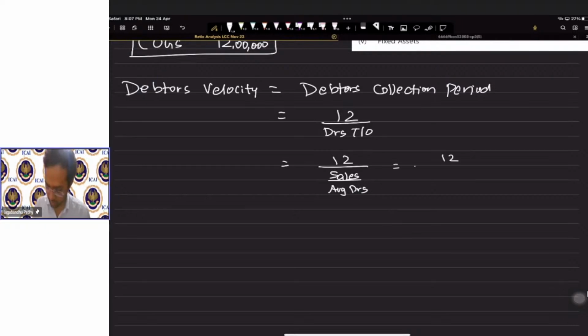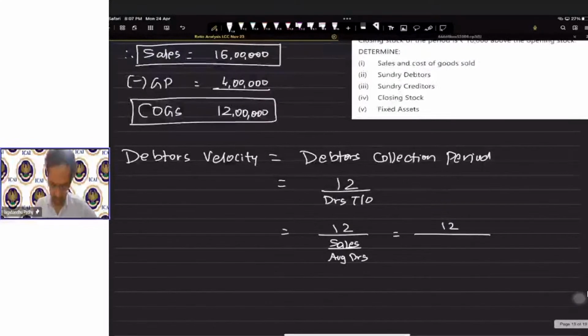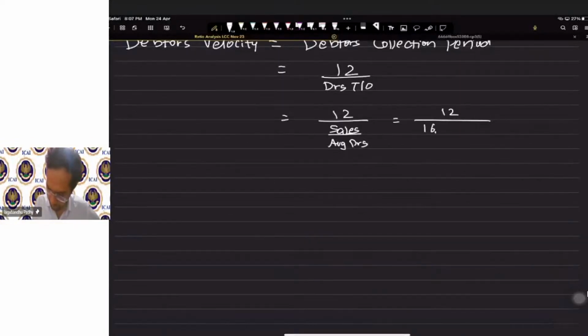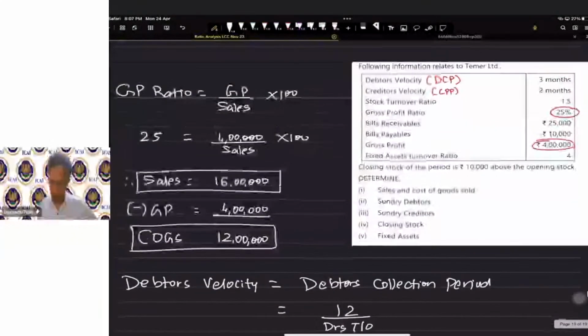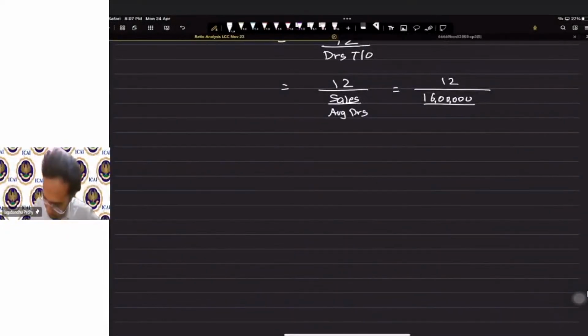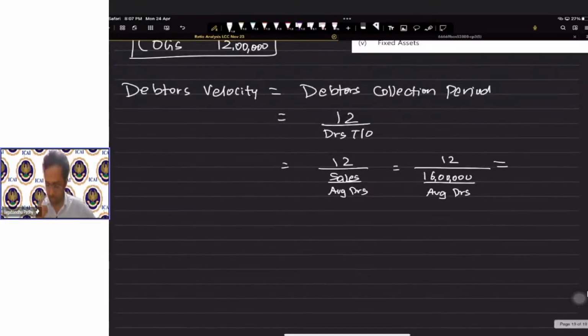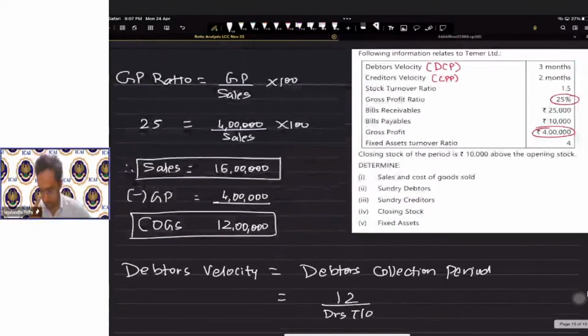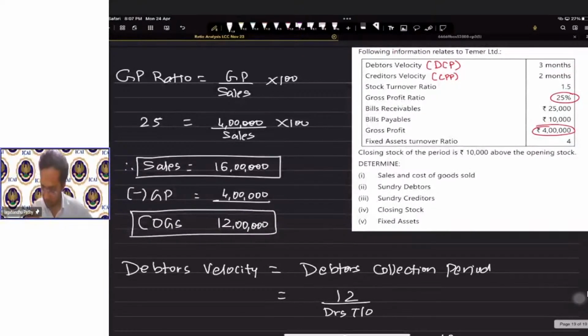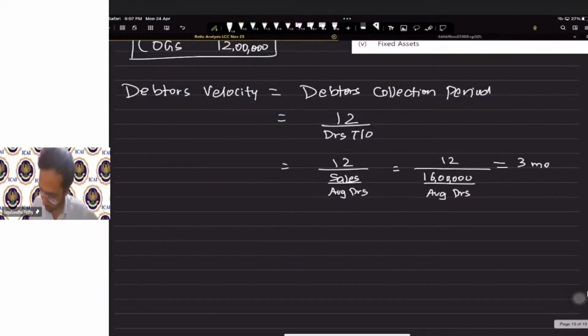So 12 divided by, sales is 16 lakh, and we have the average debtors, and this debtors velocity is 3 months.